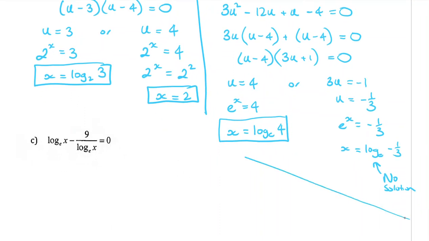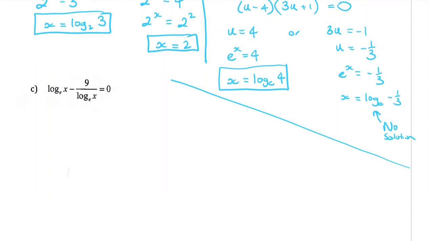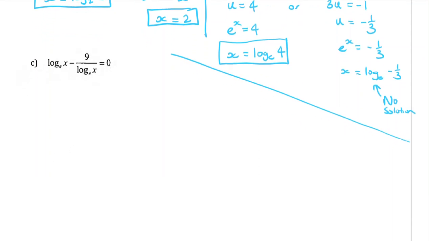Okay. One more question. C. Log e of x minus 9 over log e of x equals 0. I've just been subbing stuff in. So the part that is making this equation complicated is the log e of x.